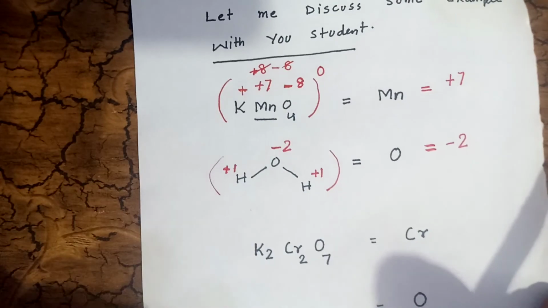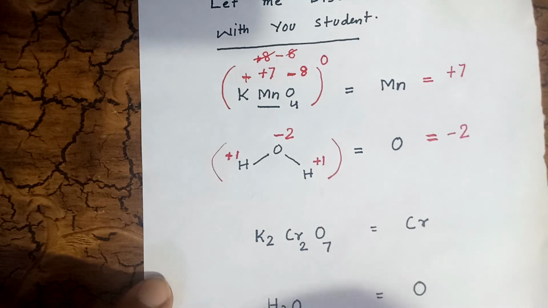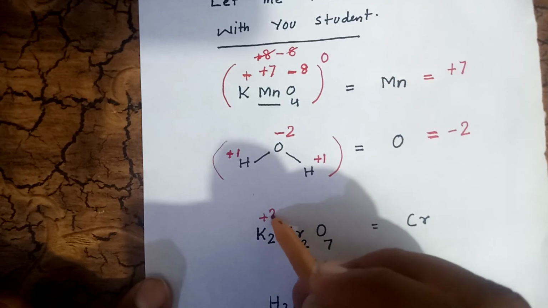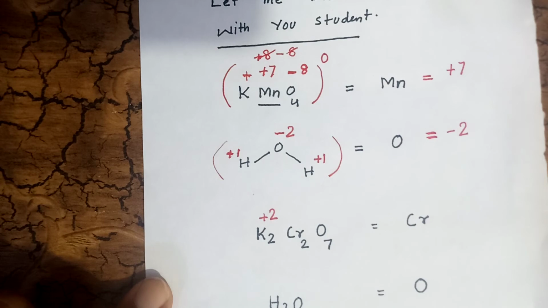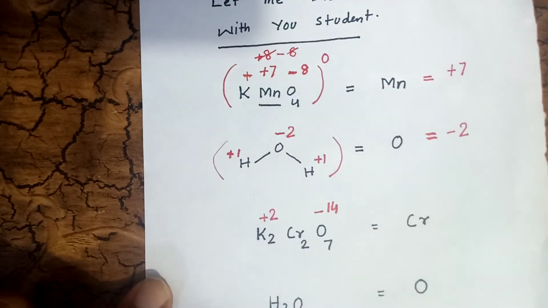Now look at potassium dichromate. You know that potassium has the oxidation state of +1. There are two potassium, so it has the oxidation state of +2. Oxygen, you know, has the oxidation state of -2, so for seven oxygens it is -14. So what oxidation state can I give to the chromium?